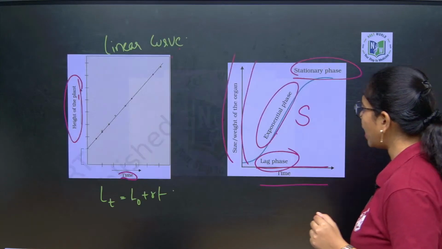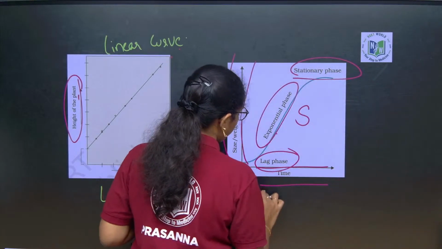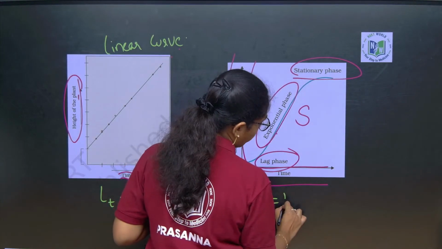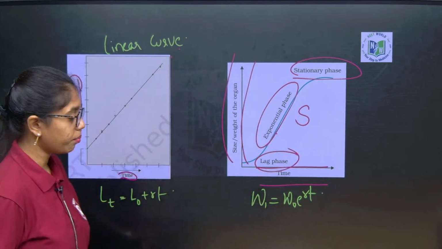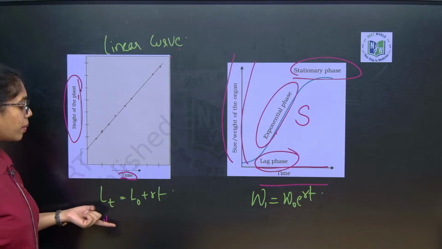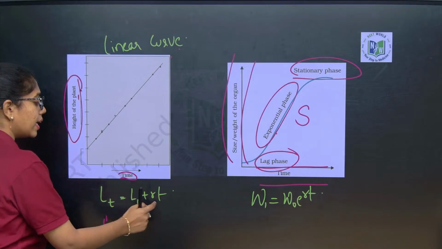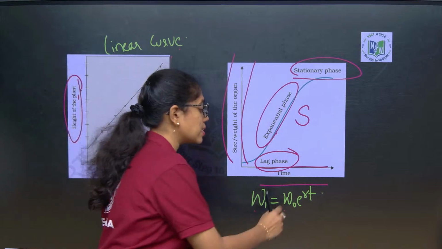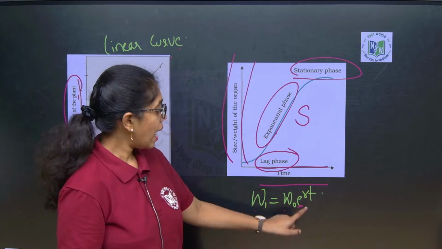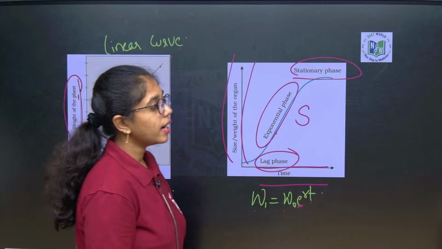And here the formula for geometric growth rate is W1 is equal to W naught e^rt. The labelings are again important. Lt is the final length, L naught the initial length, r the growth rate, t time. W1 is the final weight, W naught the initial weight, e is the base of the natural logarithm, r is the growth rate and t is time.